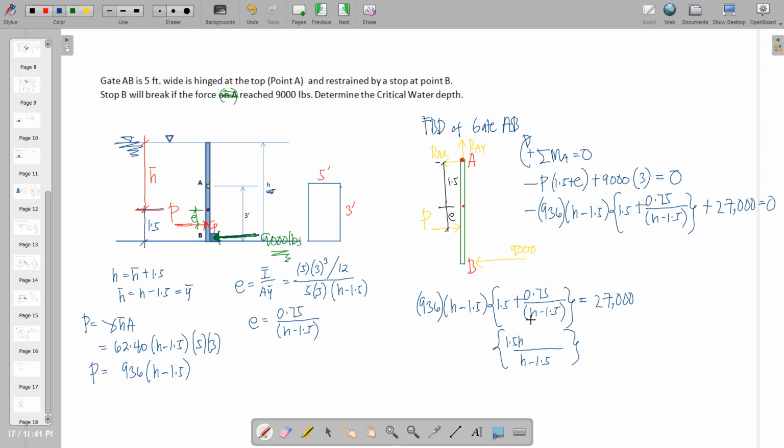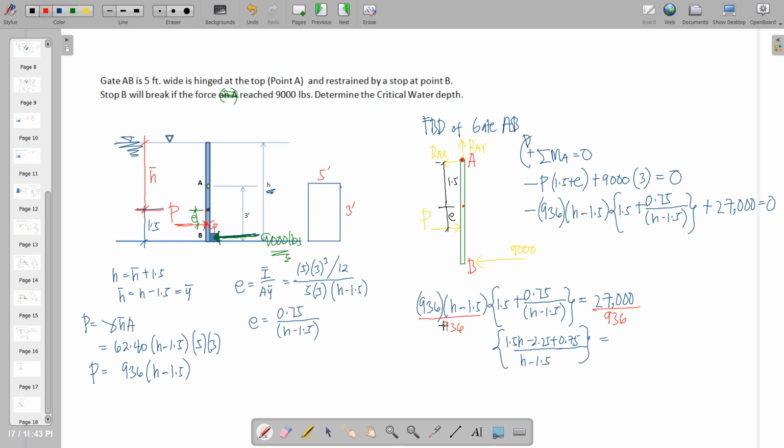We distribute this one, 1.5 times H minus 1.5 times 1.5, that is 2.25. And then for the second term, H minus 1.5 divided by H minus 1.5, that is 1 times 0.75, that is positive 0.75.